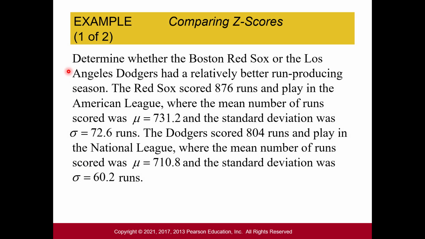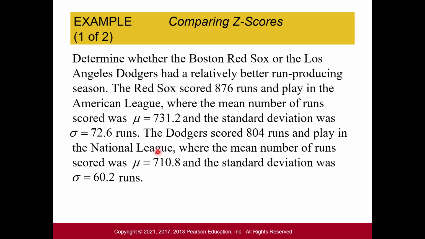So first example, determine whether the Boston Red Sox or the Los Angeles Dodgers had a relatively better run-producing season. The Red Sox scored 876 runs and play in the American League, where the mean number of runs scored was 731.2. The standard deviation was 72.6 runs.